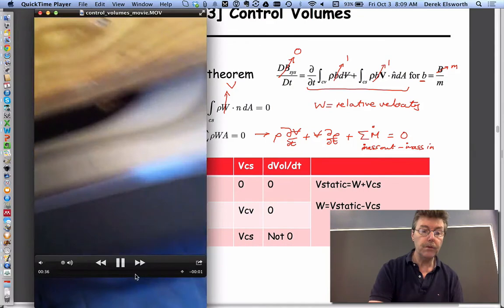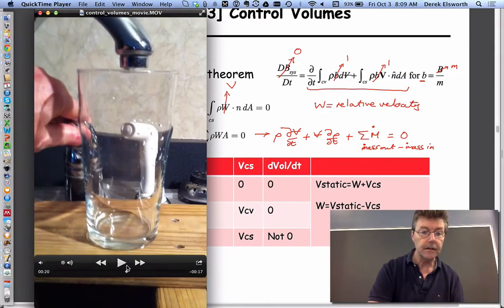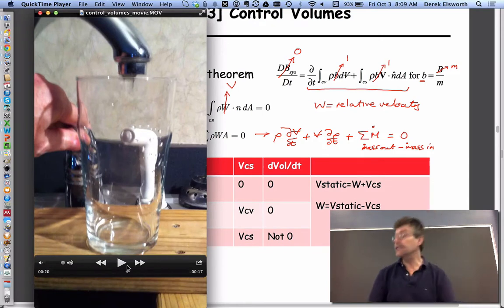So what we can do, though, is use this to make the case that we can say something about it based on our understanding of control volumes.